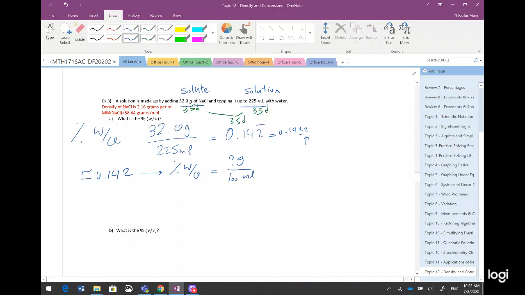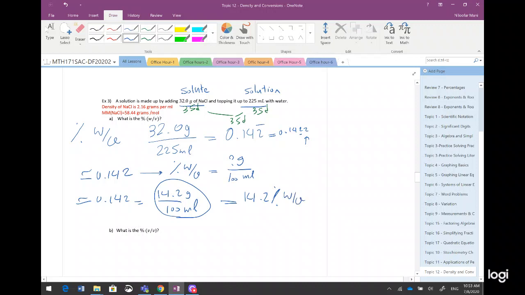Okay, I need to see that. So when I see this, 0.142 means 14.2 over 100, so it's 14.2 gram per milliliter. When you see this, then you can say it's 14.2%, W over V.